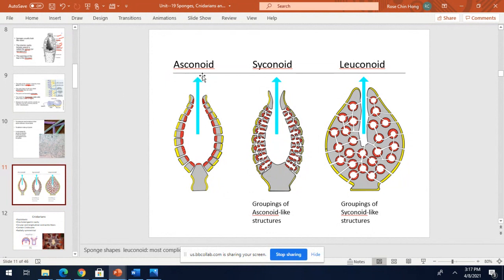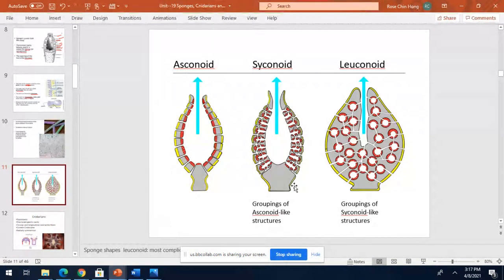So asconoid as in a cup shape or vase-like shape, like this, ascus. So they call it asconoid. This is the simplest architecture of the sponges. So asconoid is just like this here. Syconoid is the shape where it's made groupings of these structures. So you see it gets a little more complex. So this is syconoid.